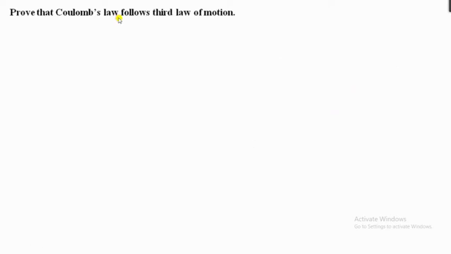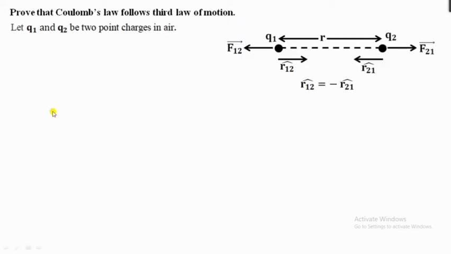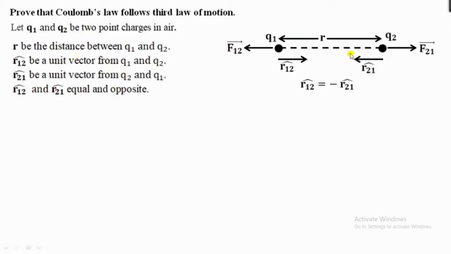Now the question may come like this: prove that the Coulomb's law follows third law of motion. So I am taking the same diagram, and Q1 Q2 are the point charges in air, R is the distance between them, and other things we have already discussed, and R12 and R21 are equal and opposite because they are unit vectors opposite to each other.